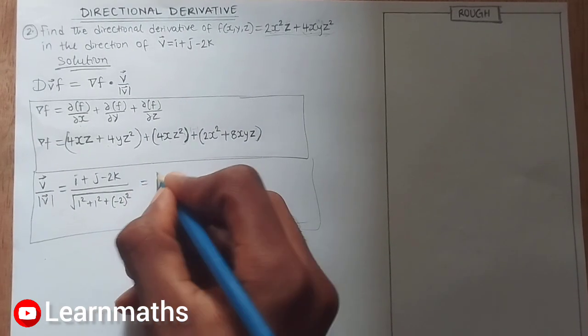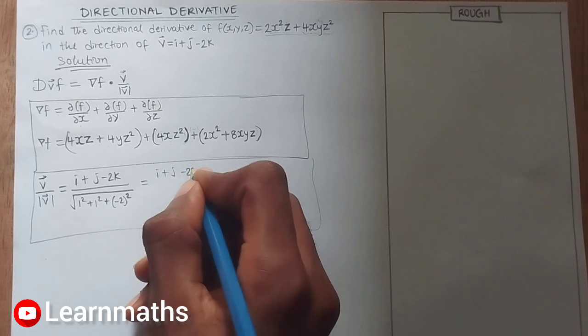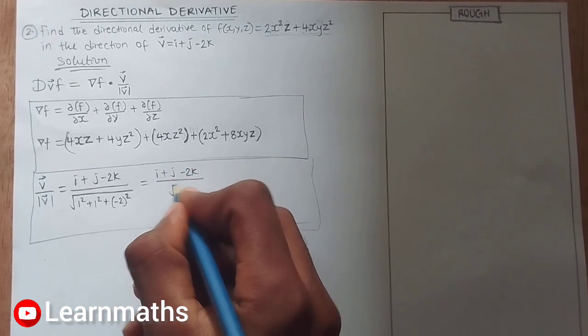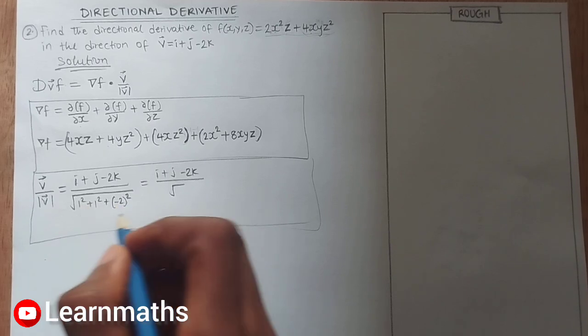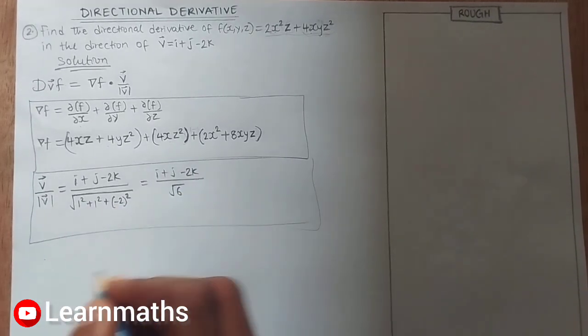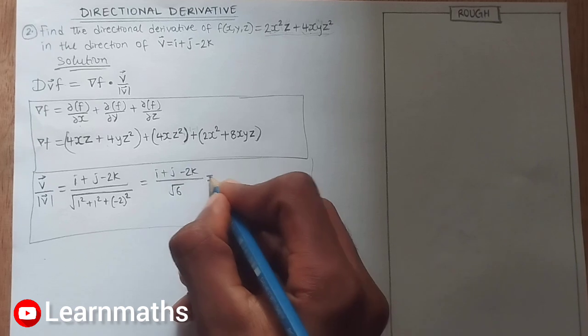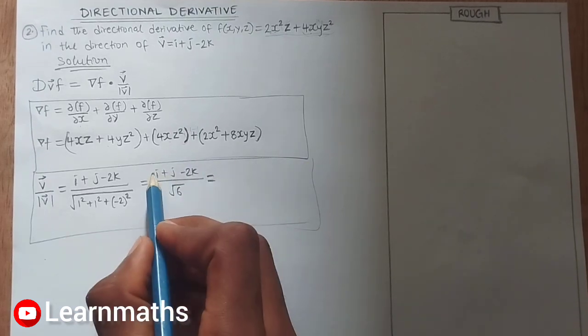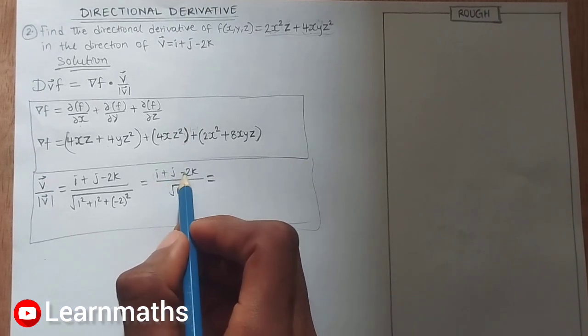So this is going to be (i + j - 2k) over the square root of 6, and I'm going to do the splitting this time around to avoid confusion. There is one i here, one j here, and negative 2k.